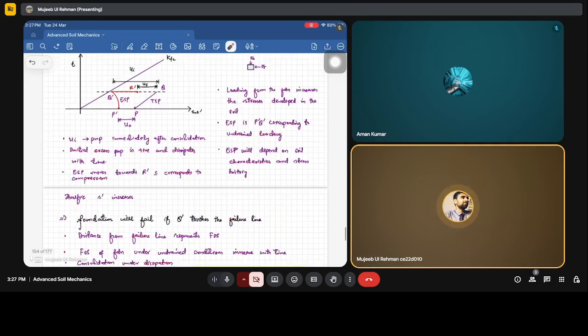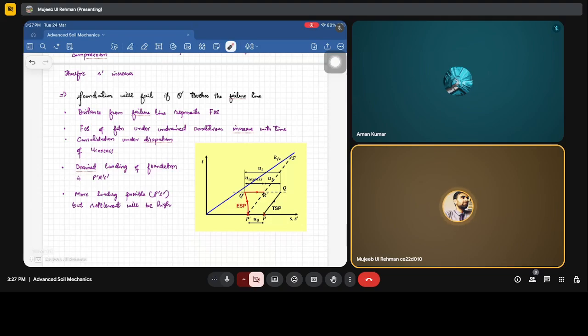However, if we start the drained loading from P', then the soil has a tendency to be loaded to a higher stress. But since it's a drained condition, there can be higher rearrangement and higher volumetric strain, which can impart high settlements in the soil, which can make the foundation built on the soil unserviceable.